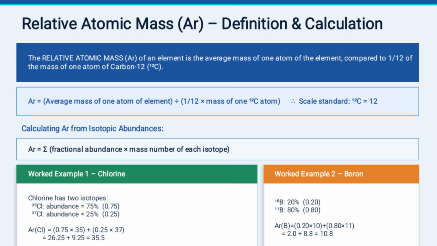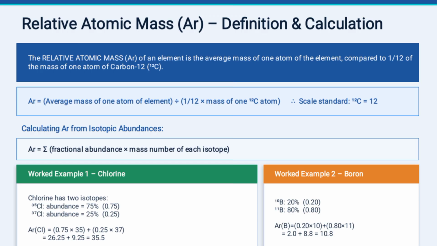The percentage abundance of chlorine-35 is 75%. You just use 75 over 100 multiplied by 35, which is the mass number, plus 25 over 100 times 37. It will give you 35.5, which is the relative atomic mass of chlorine.